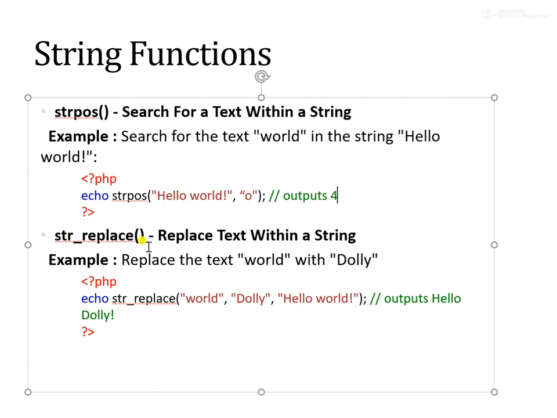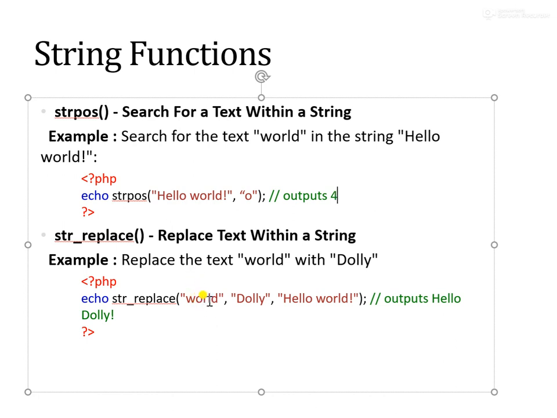Then we have the str_replace function, which is used to replace text within a string. Like here when we call the str_replace function with world, dolly, hello world, this function takes three parameters as input. First is which word you want to replace: I want to replace the word world.